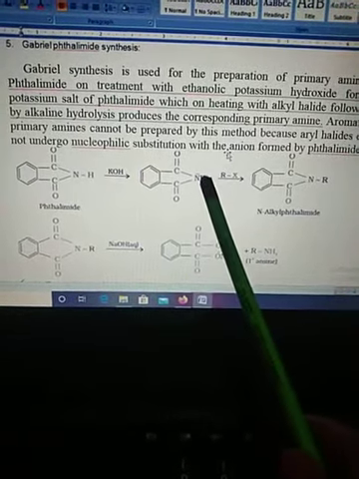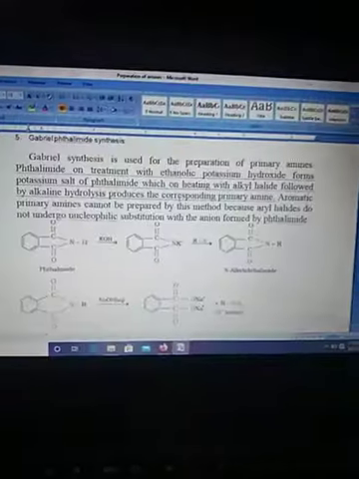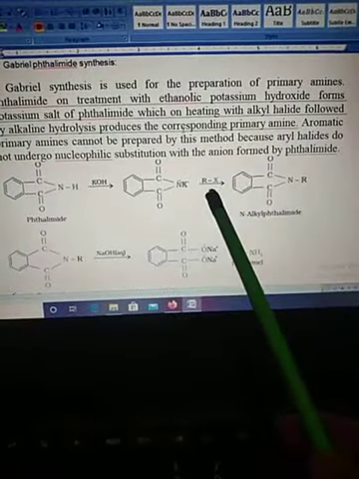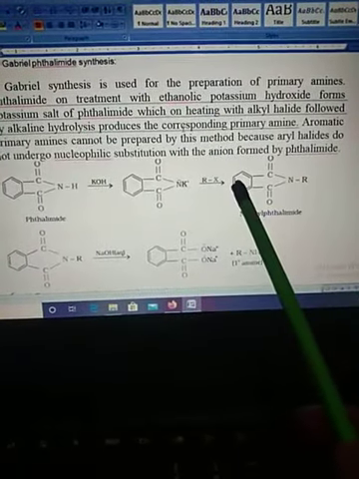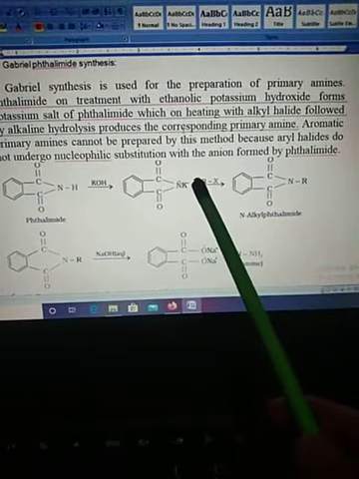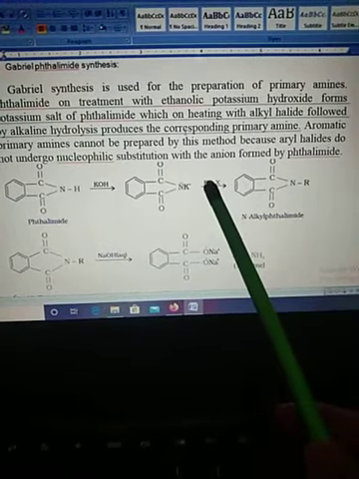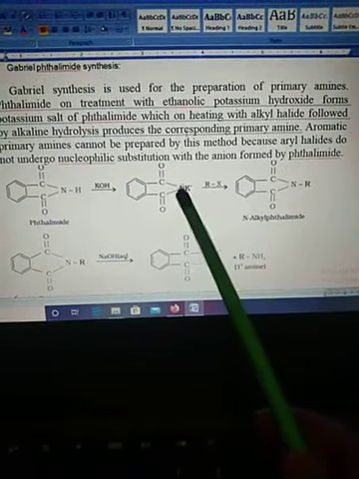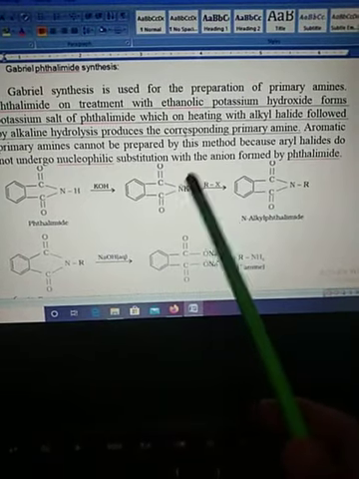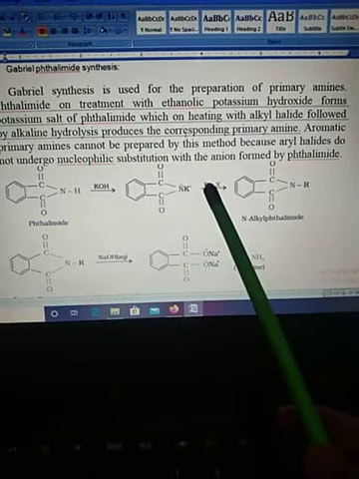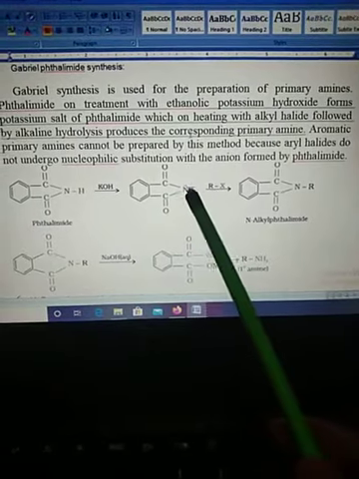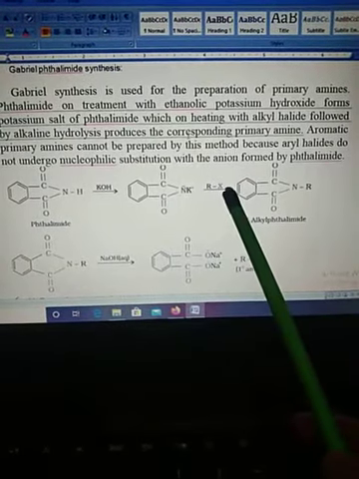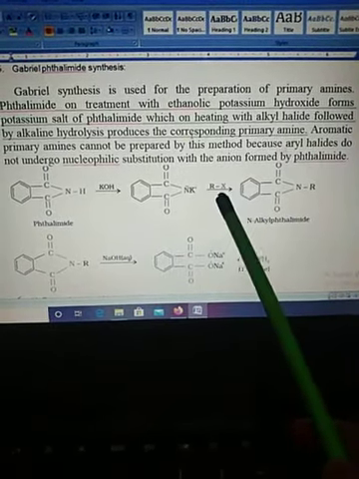After that, when you treat this with alkyl halide RX, what will happen? This is negative, this is positive, so N minus will take R, that means the alkyl part, whereas K will go along with X and form potassium halide.